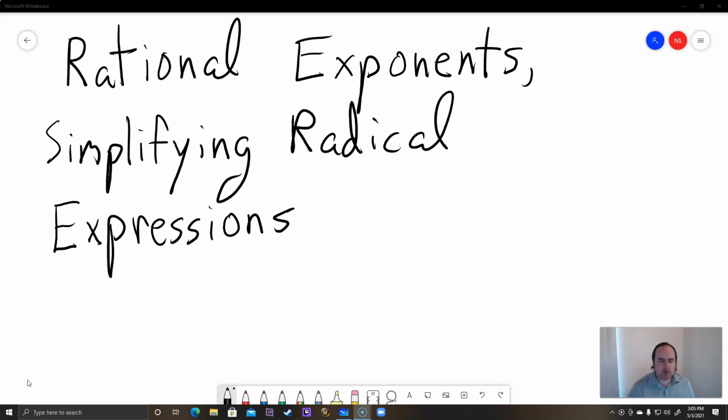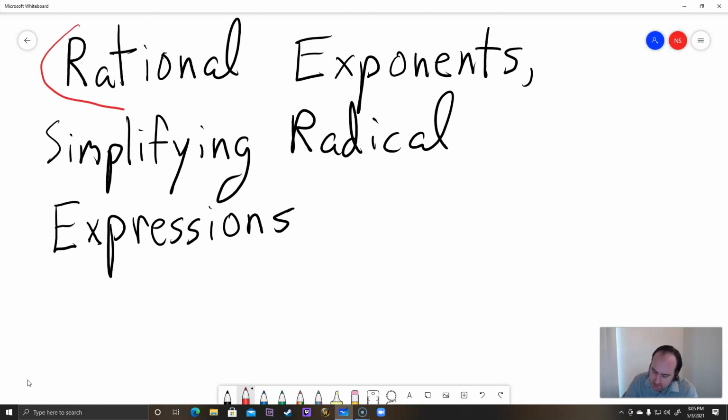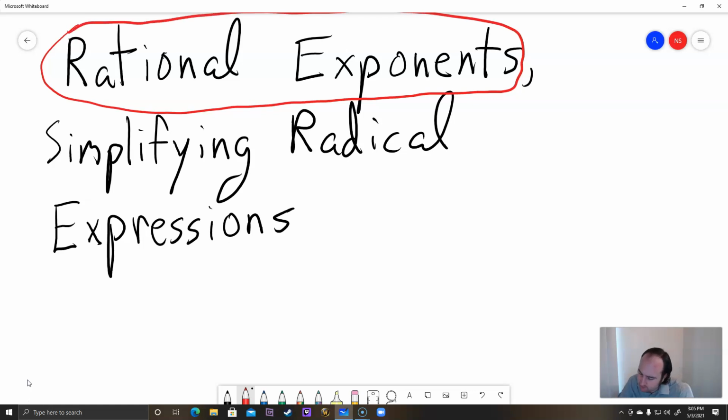So let's start with rational exponents. Rational exponents are basically just exponents that have a fraction.